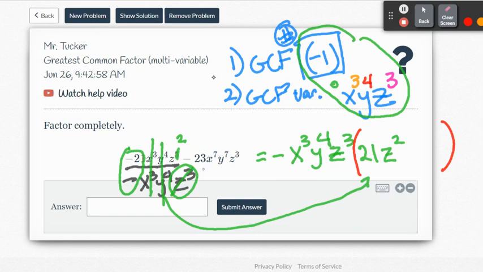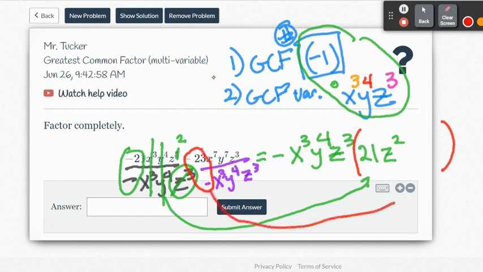And then I work through the second term. Divide that by a negative x to the third, y to the 4, z to the third. First thing, negatives divide out. So that's going to be a positive 23. So plus 23. The x's reduce by subtracting from the 7 up top, 3 of them to get you 4.